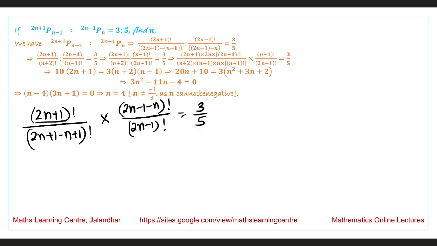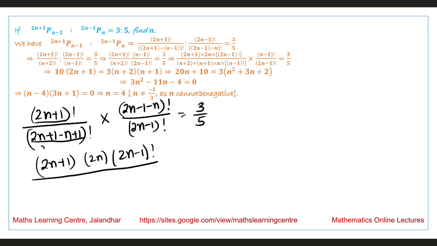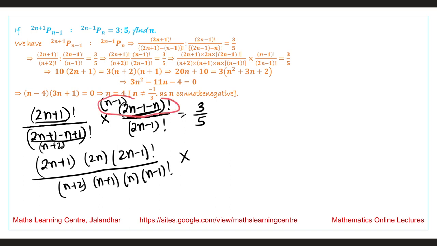We can write this as (2n+1) into 2n into (2n-1) factorial divided by (n+2) into (n+1) into (n-1) factorial, multiplied by (n-1) factorial divided by (2n-1) factorial, and the answer is 3 by 5.